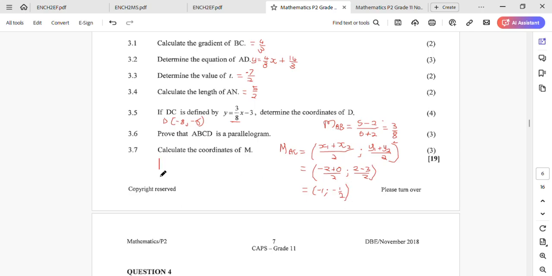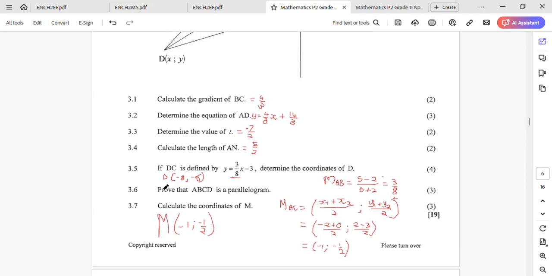So the coordinates of M are minus 1, minus 1 over 2. There you go. This is your final answer.